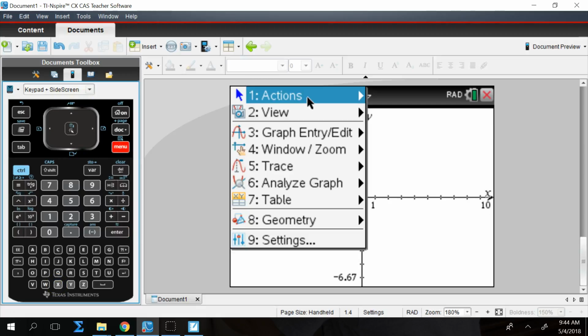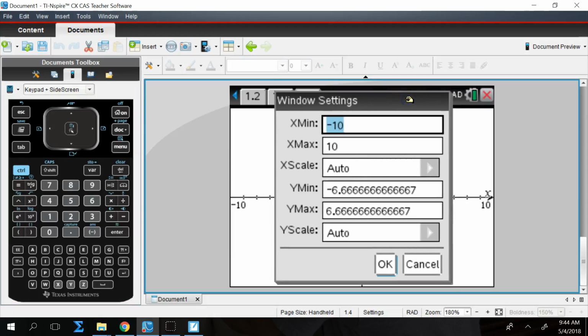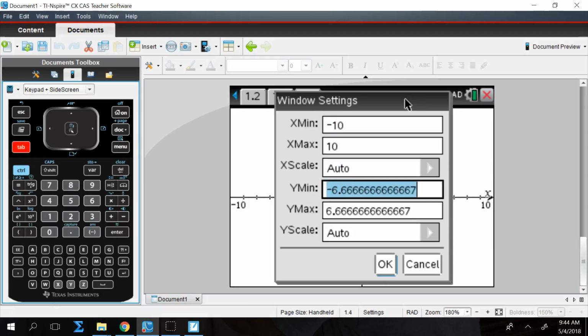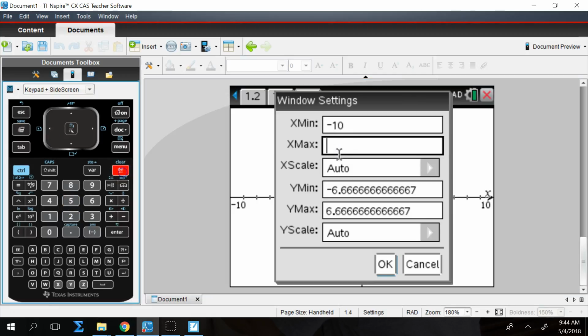I need to go out at least 25-ish years. I like to go by fives. We're going to have to go up to at least 800, so let's go 900.